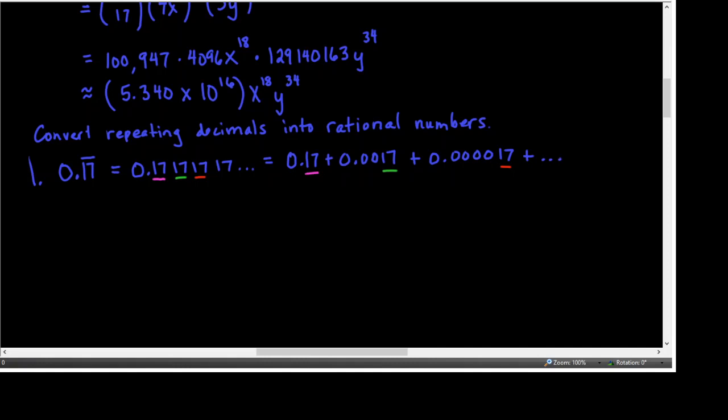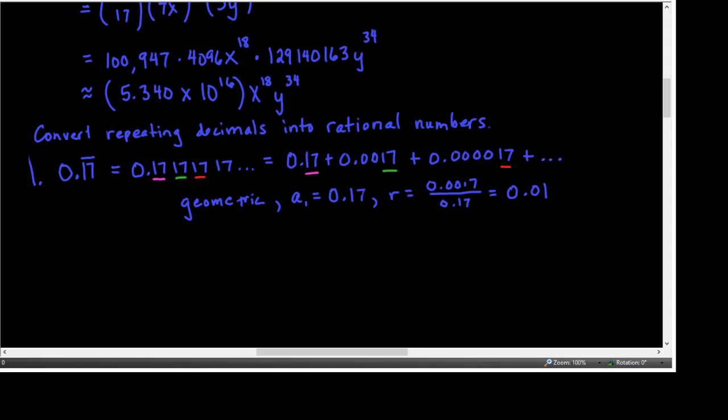Well, that's a series, and it's geometric. It's a geometric series. And we know that the first term of that series is 0.17. And if you can't just look at it and tell what r is, you can always take the second one and divide it by the one right in front of it to find out what r is. That's 0.01.